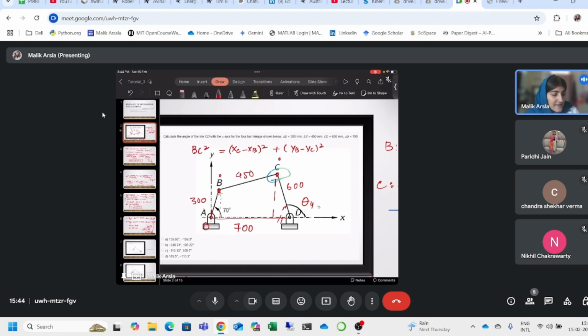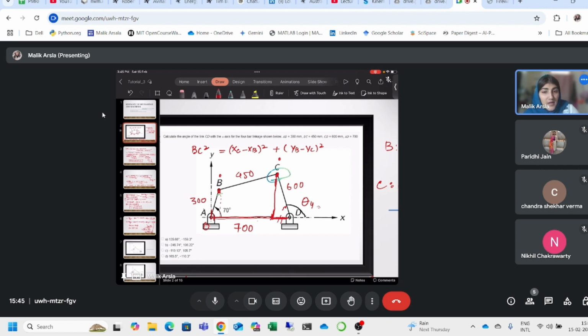Now what is xc? When you write the coordinate of xc, it is basically this portion. This whole length is 700, so from 700 you will have to subtract this, and that is what I have written as 700 minus 600 cos theta 4.